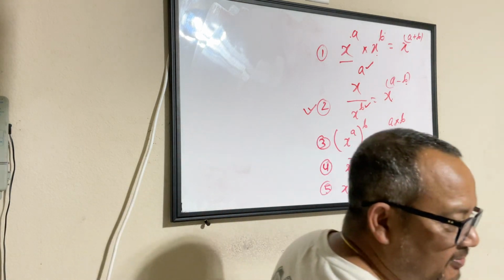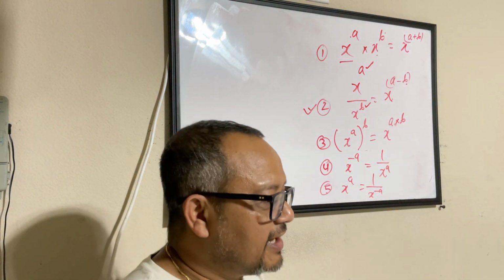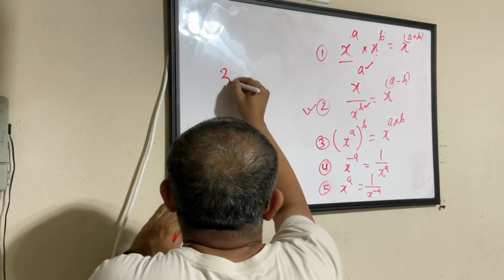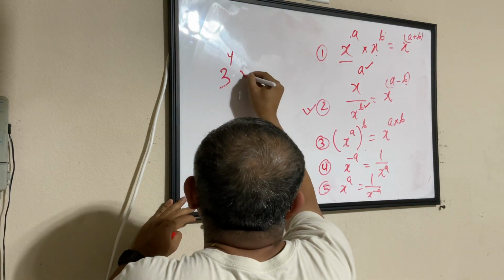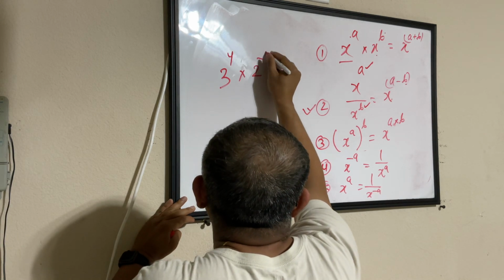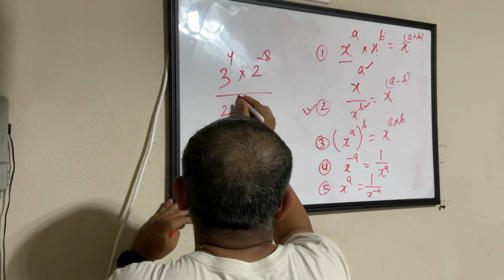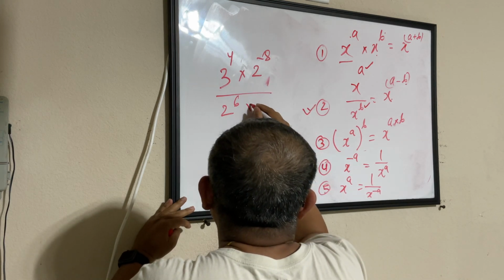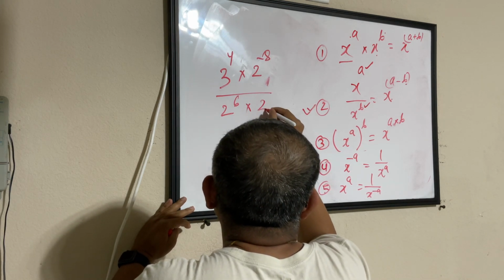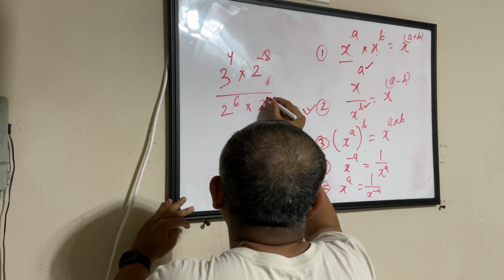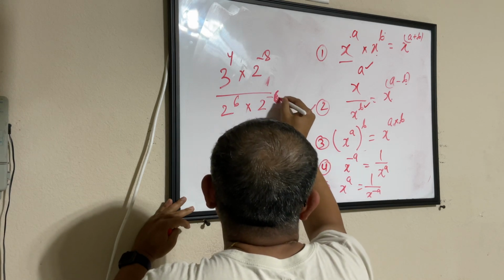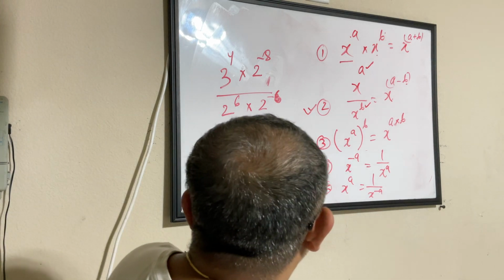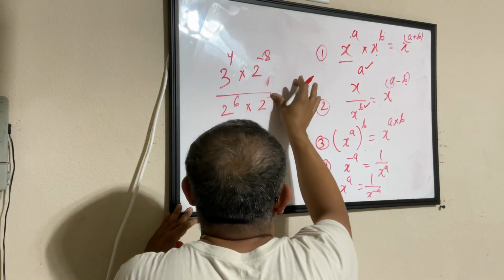So this became our second rule. Now if I bother you guys a little bit more, let's try playing with this kind of problems. If I say 3 to the power 4 multiplied by 2 to the power minus 8 divided by 2 to the power 6 multiplied by 3 to the power 6, can you simplify this?